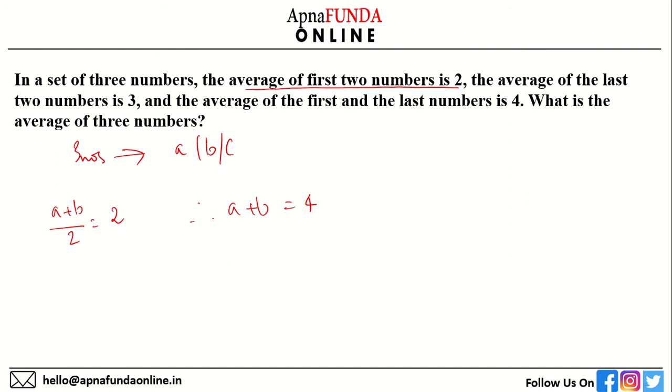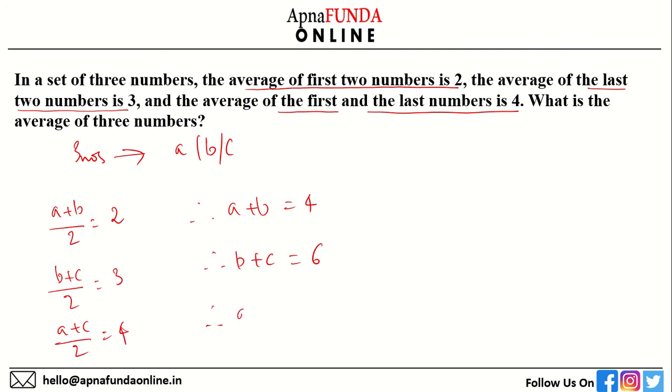Similarly, the average of the last two numbers is 3. So B plus C, average is 3. So can I say B plus C is equal to 6? Correct. The average of the first and last numbers is 4.